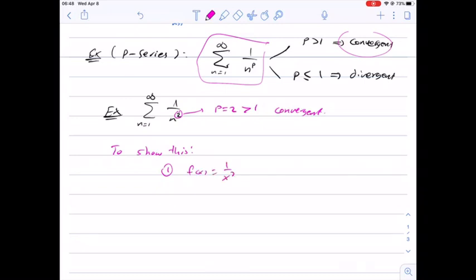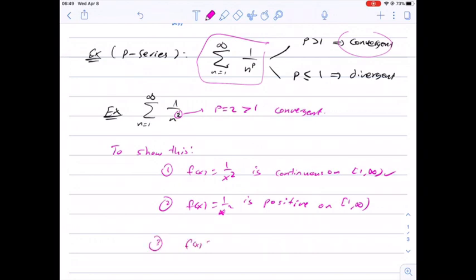So the first condition, f of x, which is 1 over x squared, is continuous on the interval 1 to infinity. And second, f of x, 1 over x squared, is positive. As we can see, the denominator is squared and the numerator is positive, so it's positive.